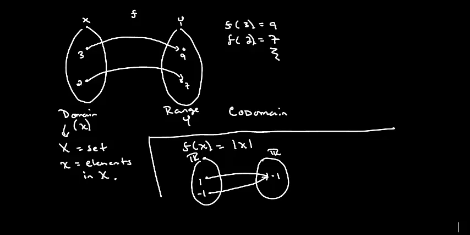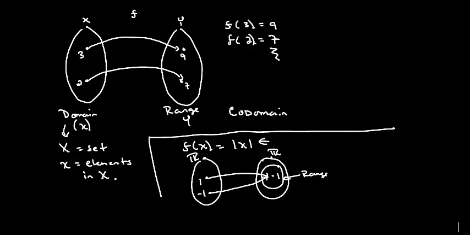Okay, there's nothing wrong with that. Inside of this codomain is a subset, and that subset is called the range. So the range are the actual values that we see as outputs to the function, whereas the codomain is just something that we're mapping onto.